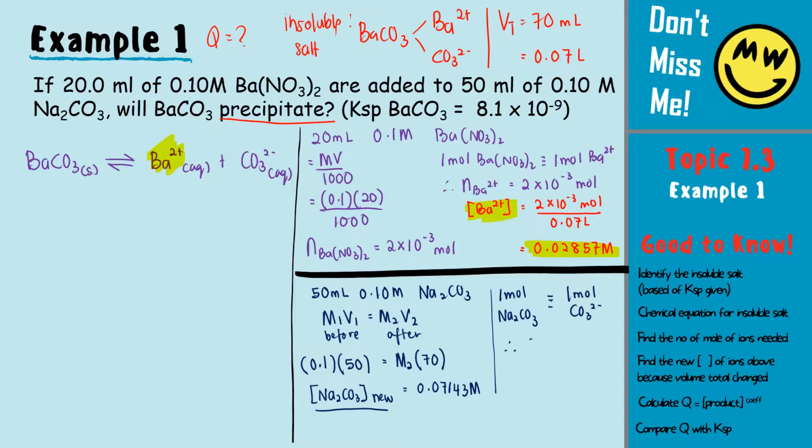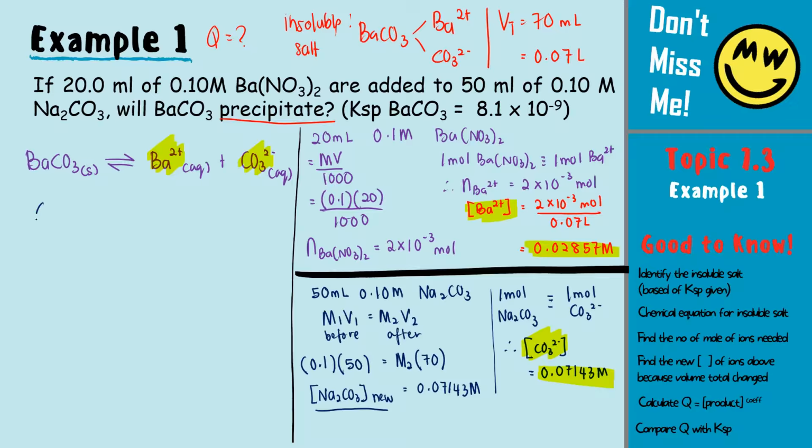Therefore, the concentration of your CO3 2- will then equal the same as your sodium carbonate because it's a 1-to-1 ratio. So the concentration will again equal 0.07143 molar. And that is the new concentration that we have in our solution. So you are done with both of the concentrations.